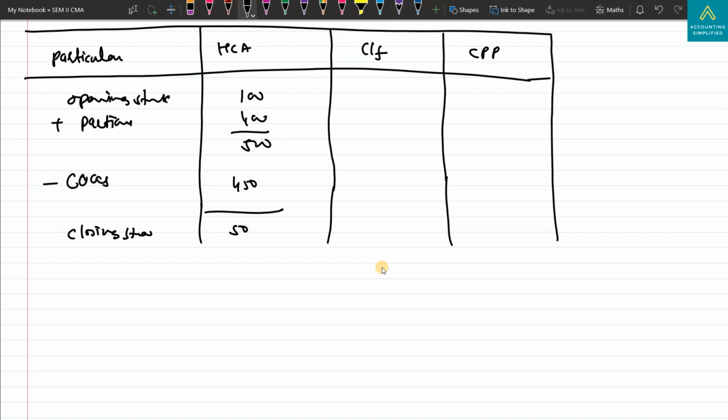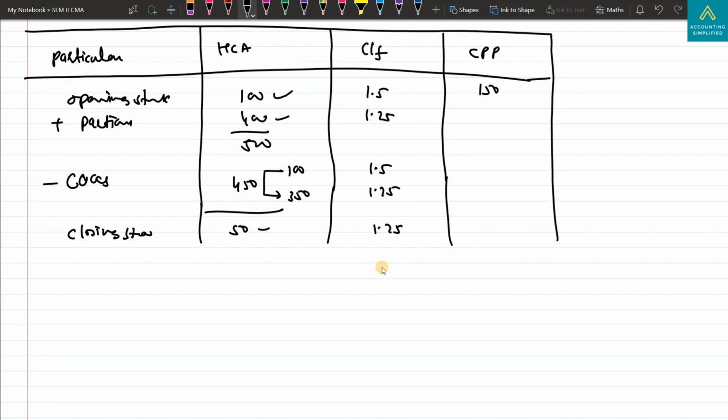Now COGS, this is first in first out. It means that 100 from the first and remaining 350 from purchase. So according to that, we'll use conversion factor. This is 1.5, 1.25, 1.5, 1.25 and 1.25, because this 50 will be from purchase, current purchase.